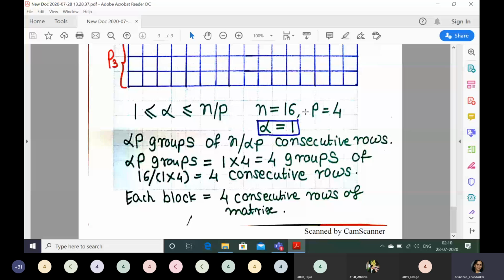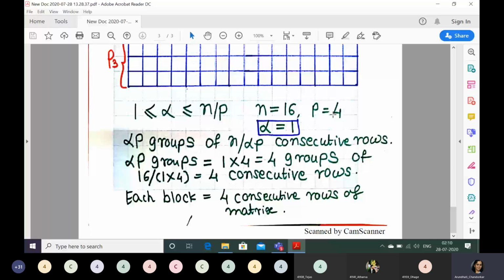So let us follow the same exercise. Let us divide this whole 16 by 16 matrix into alpha p groups. So substitute alpha is equal to 1 and p is equal to 4. So only 4 groups. We are dividing the whole 16 by 16 matrix into 4 groups of n by alpha p consecutive rows. So how many rows per group? It is 4 consecutive rows.